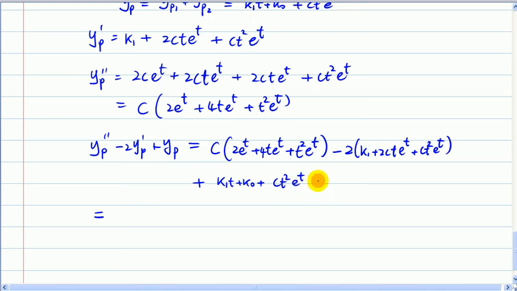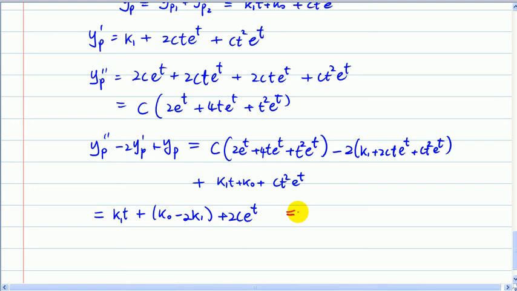We can simplify this whole expression a little bit, and if you are careful enough you get this right here. This term is equal to your original differential equation.